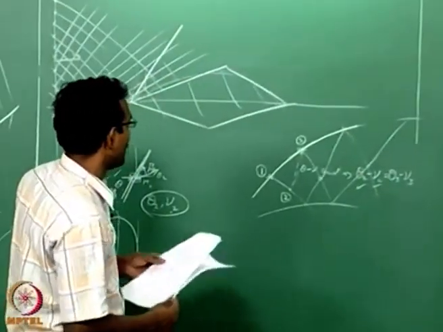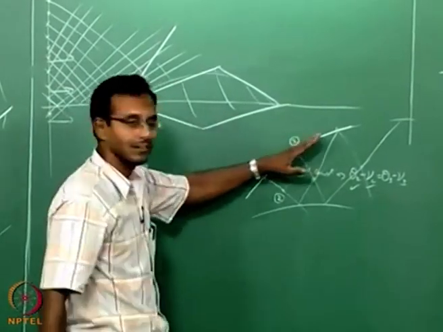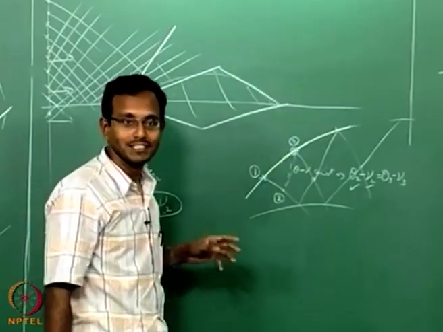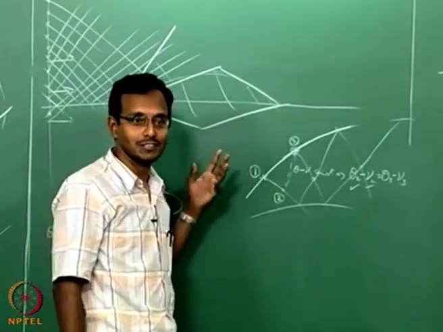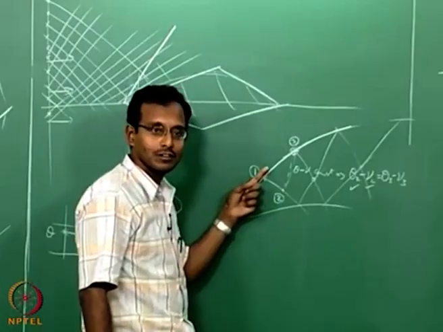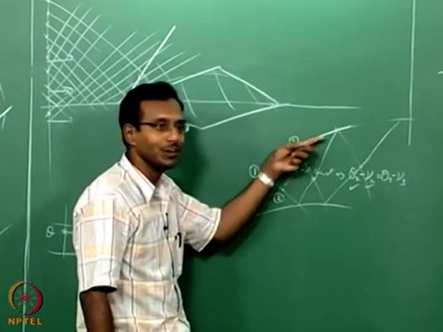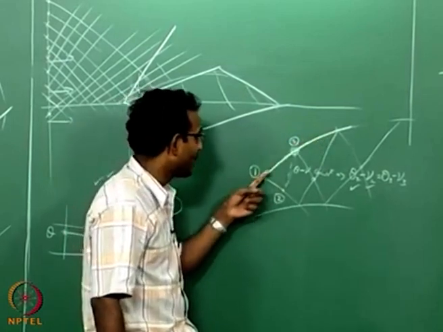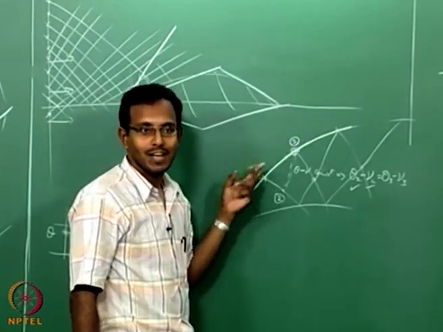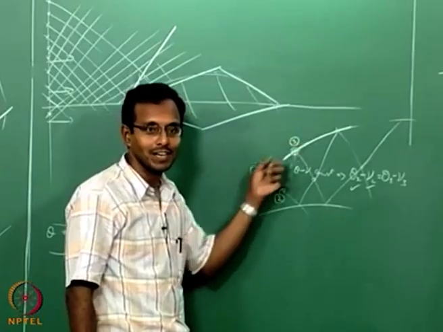Of course, I did not tell you how to find the location yet. Once you know the beta angle, the remaining thing is similar to your jet boundary calculations. We know this is the angle of the shock, and I know the final angle of the shock is this, and it has to be a smooth curve from here to here. I will draw a line from 1 to 3, which is the average of this beta and this beta, tan of this beta and this beta average.